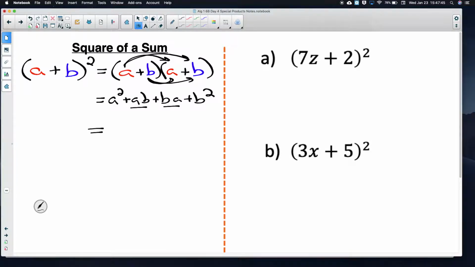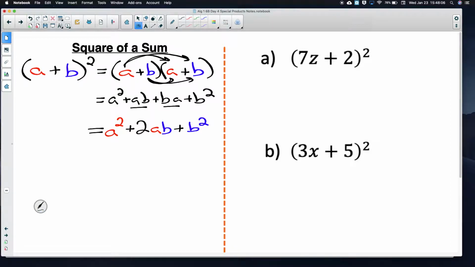So what this turns out to be is A squared plus 2AB plus B squared.